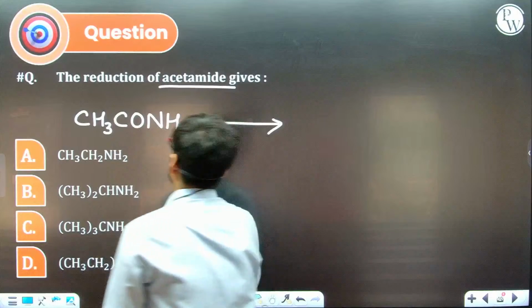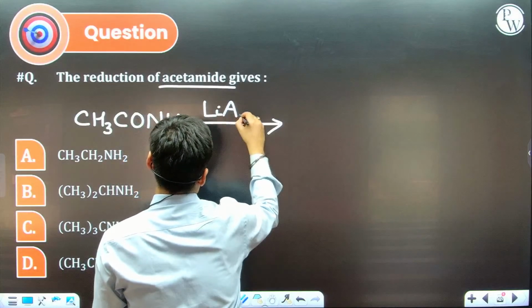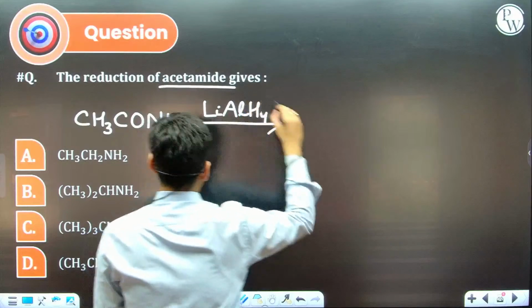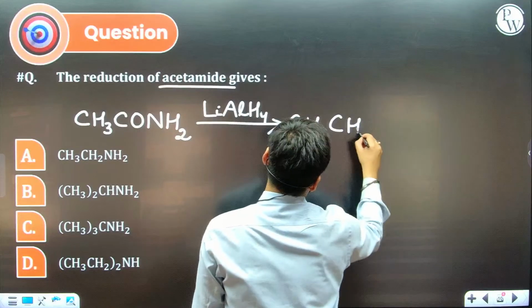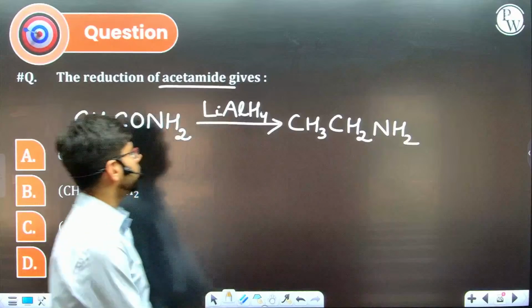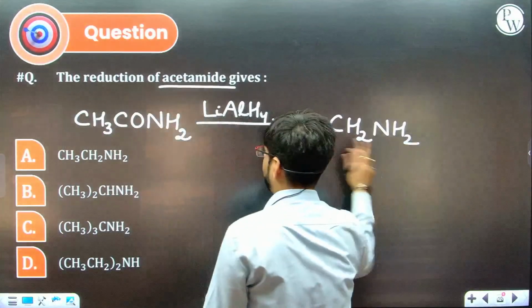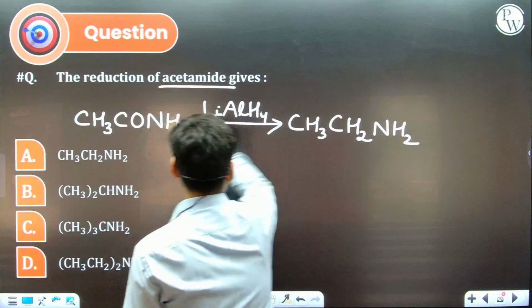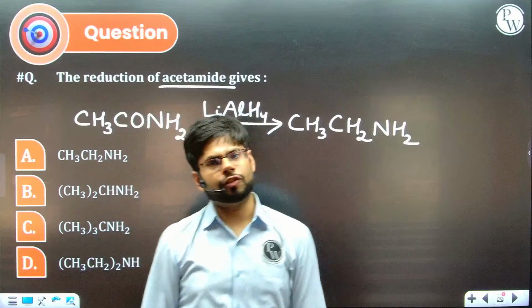And an amide on being reduced by LiAlH4 gives us an amine. So this is the product. This is a 1 degree amine. So a 1 degree amide gets converted to a 1 degree amine if you use LiAlH4 as the reducing agent.